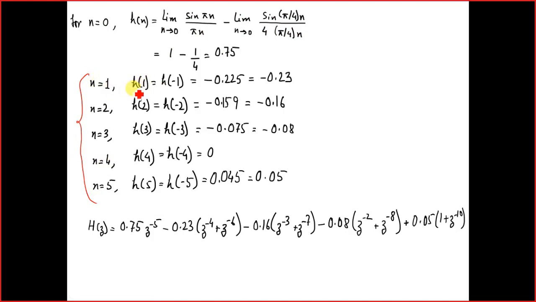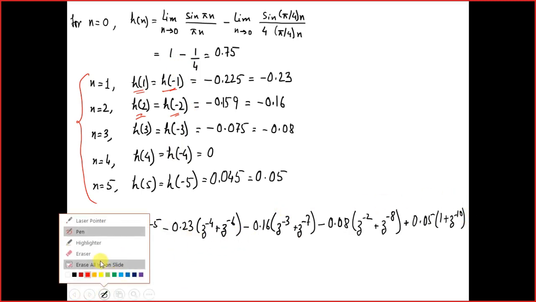If you look at the previous examples, we were calculating for both h1 and h of minus 1, h2 and h of minus 2. So both in the positive and the negative time instances, whatever filter coefficients we were having, we were calculating that, and then in the final transfer function we were going for the adjustment of the hn values.